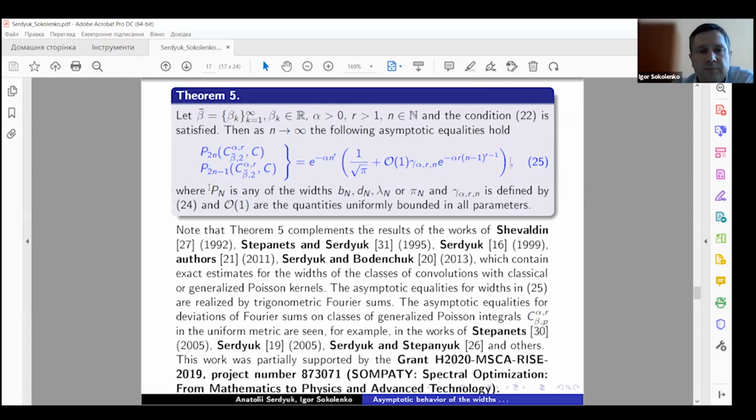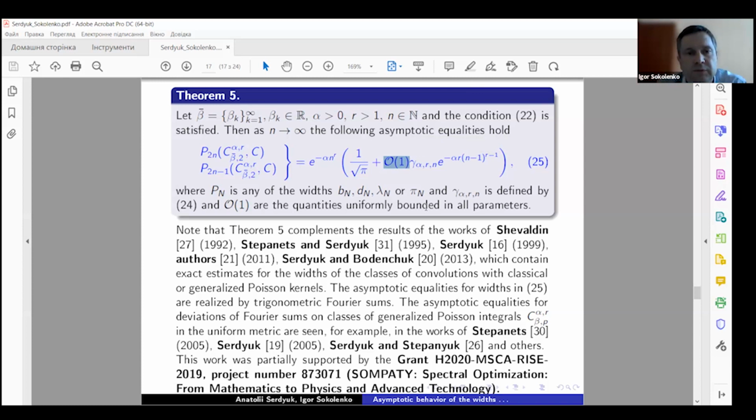In this equality, Pn is any of the widths bn, dn, lambda n, or pi n. Gamma alpha rn is defined by 24, and O of 1 is a quantity uniformly bounded in all parameters.